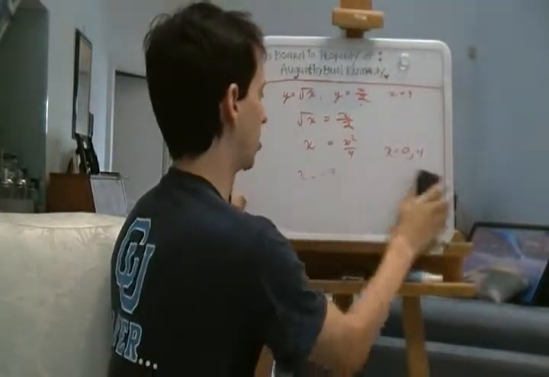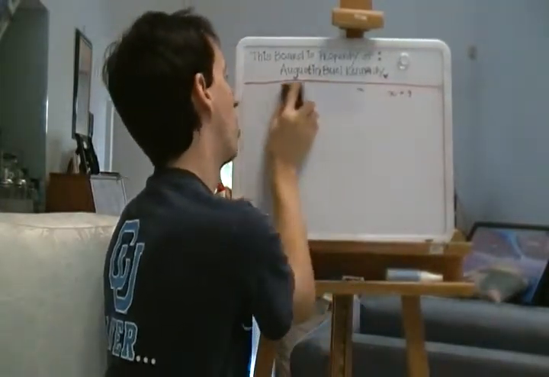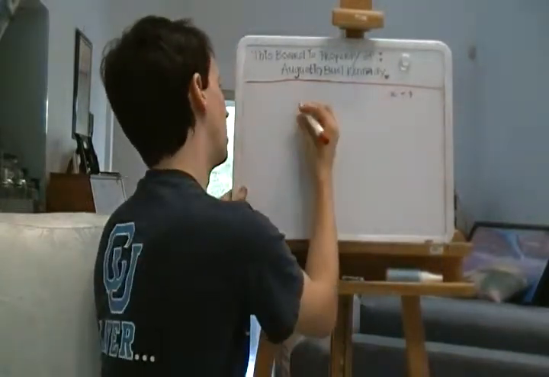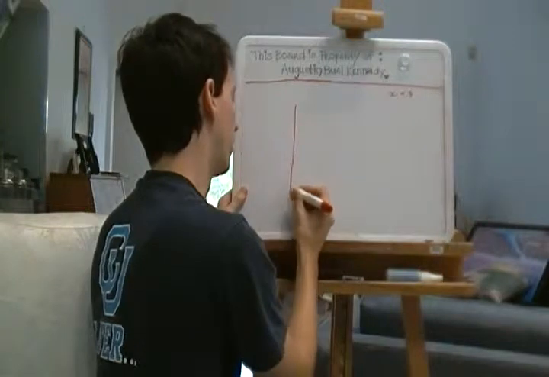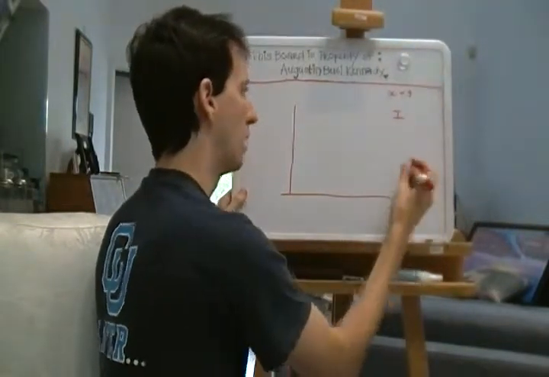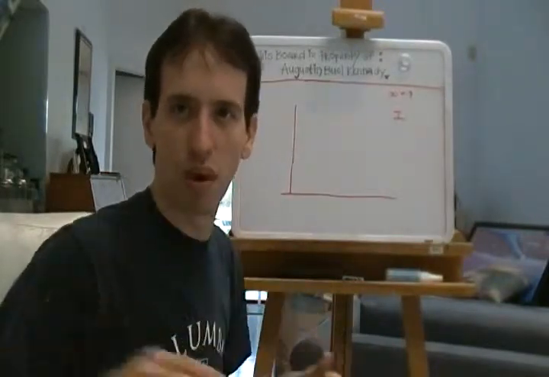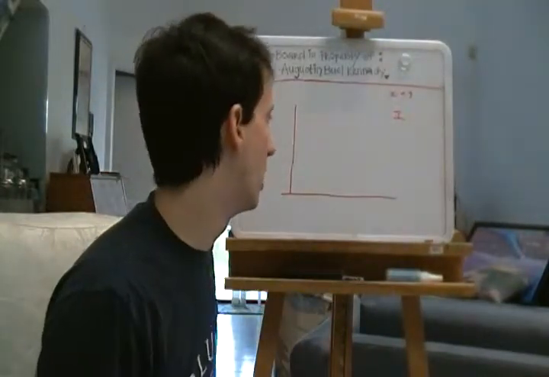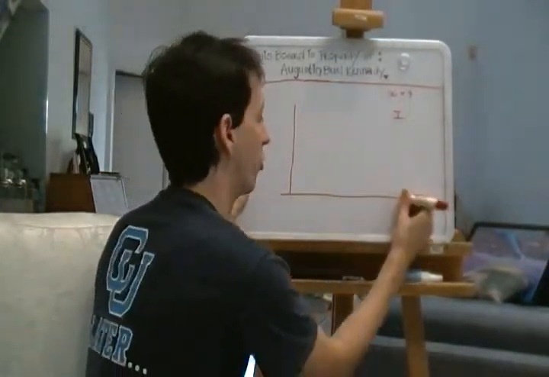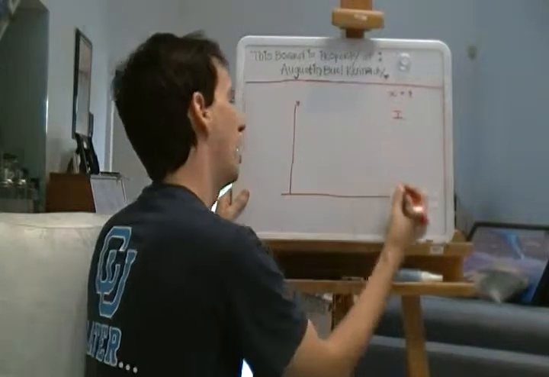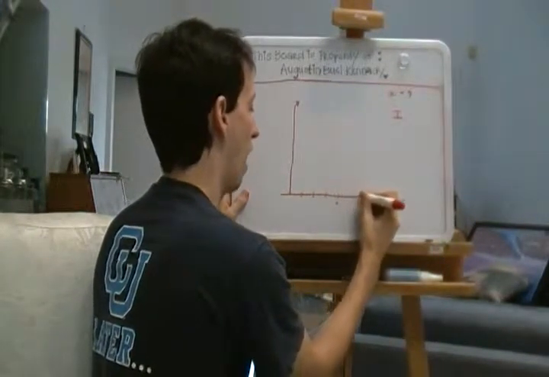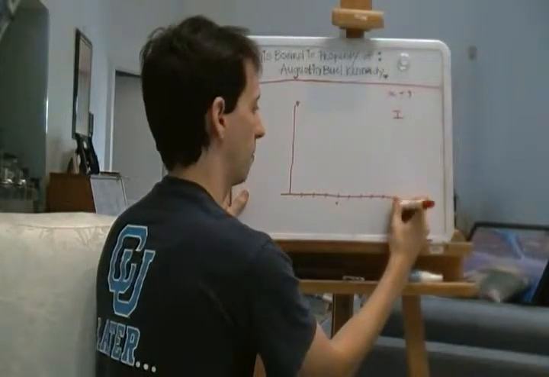So let's look at the shapes of the graphs. The first thing we know is that we're going to be looking at the first quadrant, because square root of x between 0 and 9 is always positive, and so is x over 2 between 0 and 9. So, first quadrant, x, y, 1, 2, 3, 4, 5, 6, 7, 8, 9.